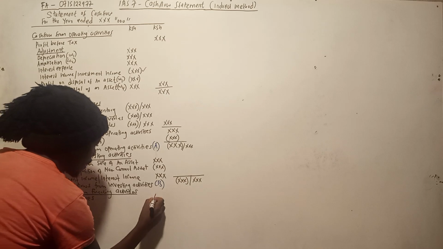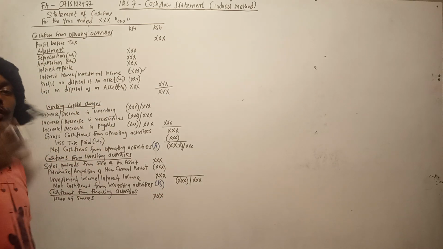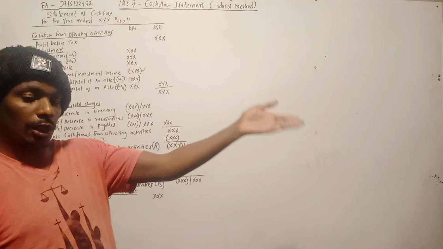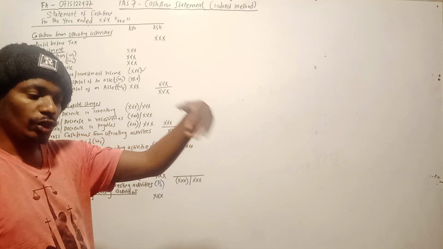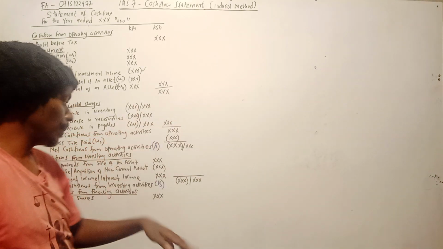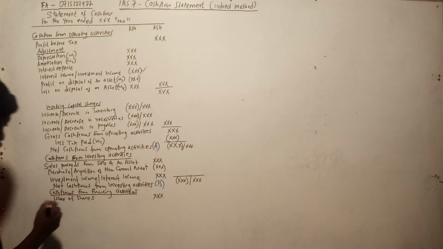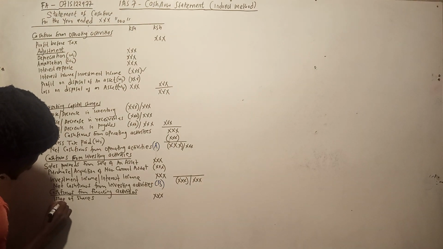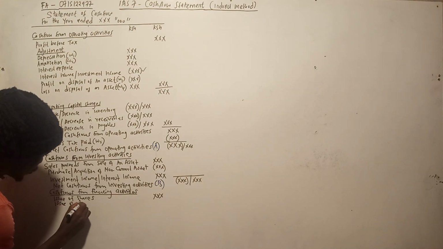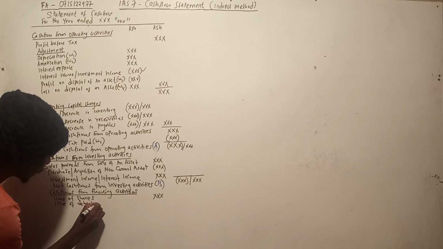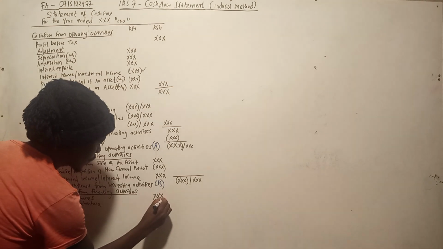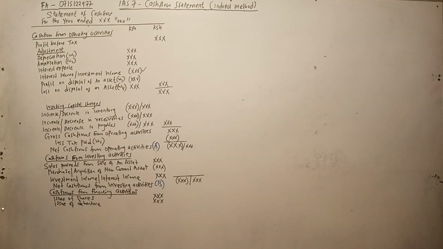If issue of shares ni kumaanisha tumeissue shares, tuna receive amount. So tukiuza our shares, the people subscribe, wanatupatia pesa, so we add it back. We are also supposed to add issue of debenture.